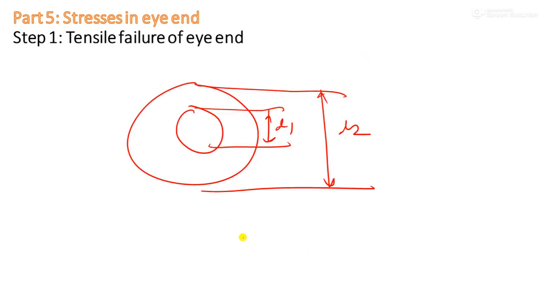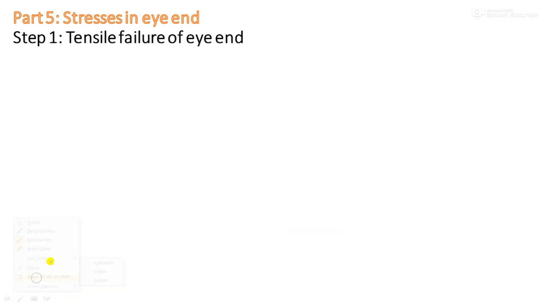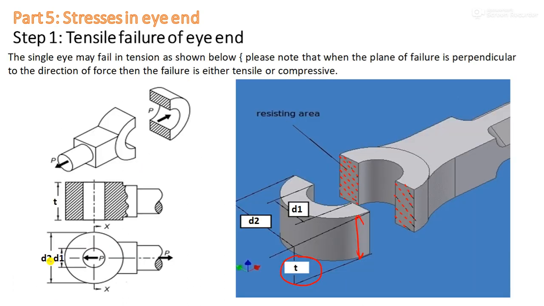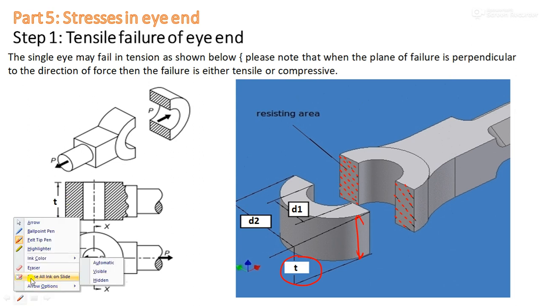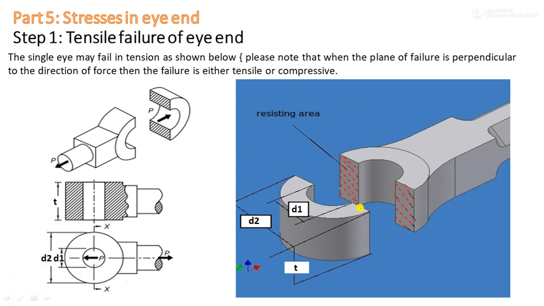So what will the area resisting the tension be? d2 minus d1 into T. Is it okay? Very simple. That is why I have shown this three-dimensional figure. So this area will be nothing but this d2 minus this d1 into t.